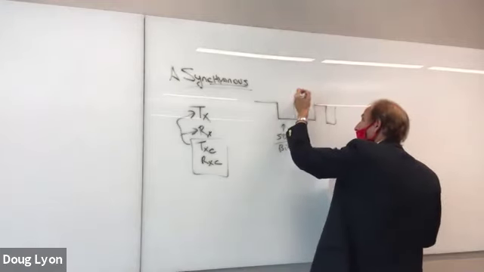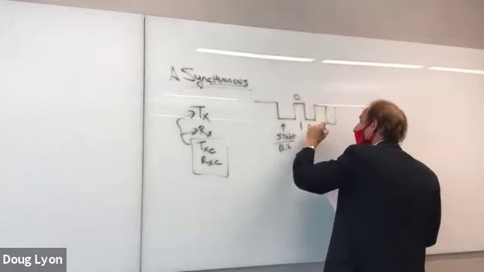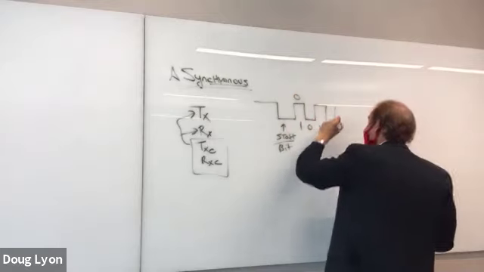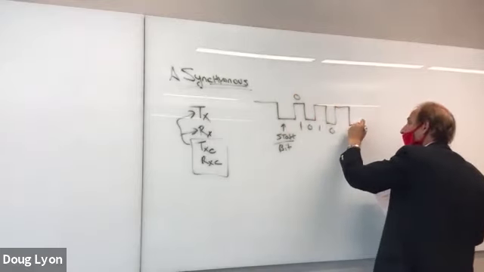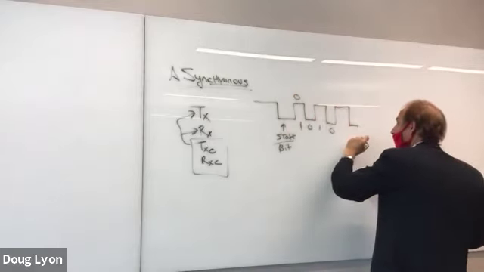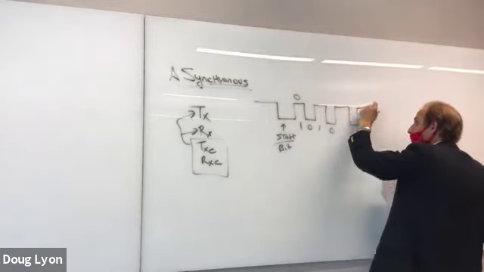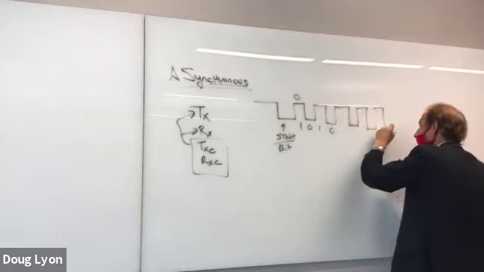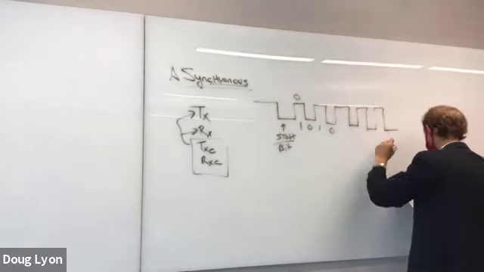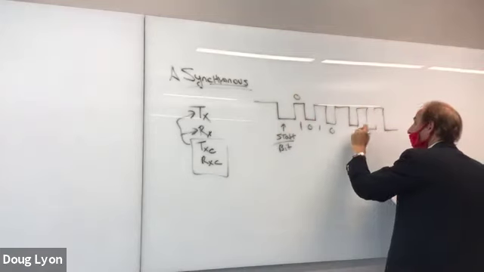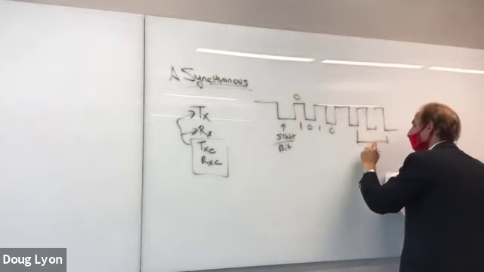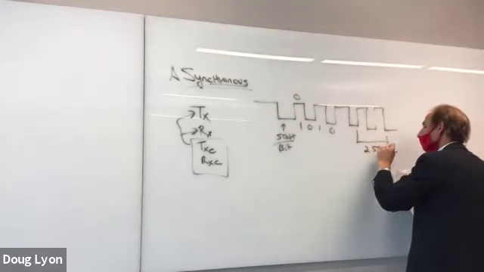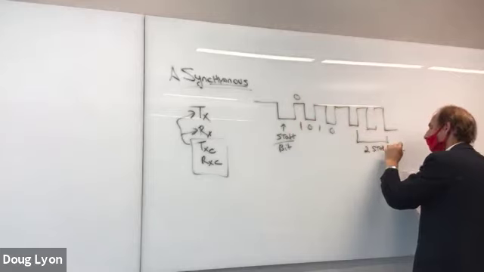It could be 0, 1, 0, 1, 0. And then you'll have some more framing bits. This might be 2 stop bits.